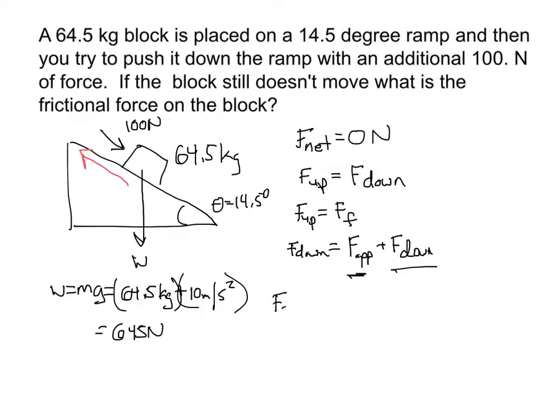F down, using our trig functions, we have F in here, the triangle part going into the ramp, the force of the weight going into the ramp, and F down being the part of the weight that's going down the ramp is going to be the weight times the sine of our angle.